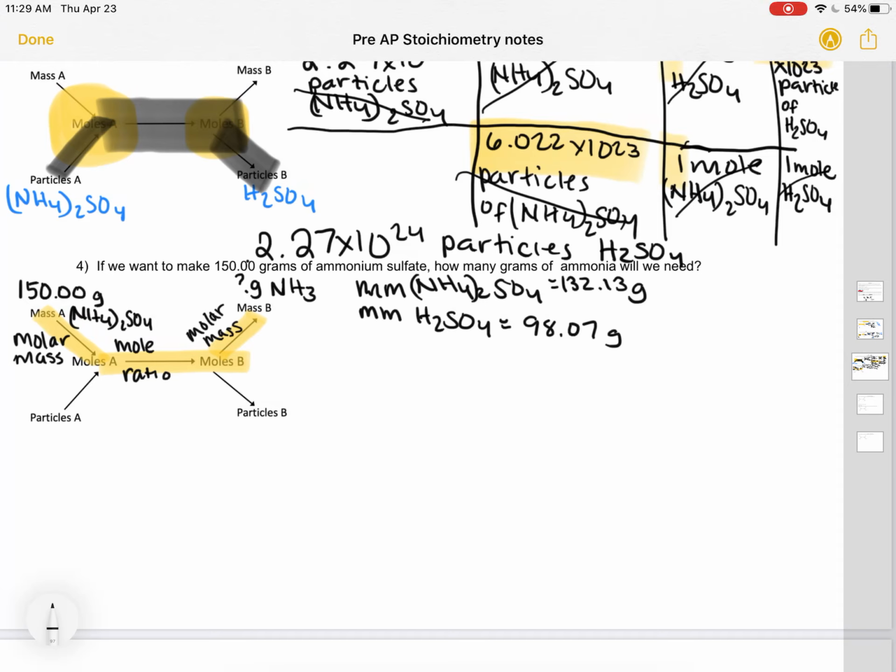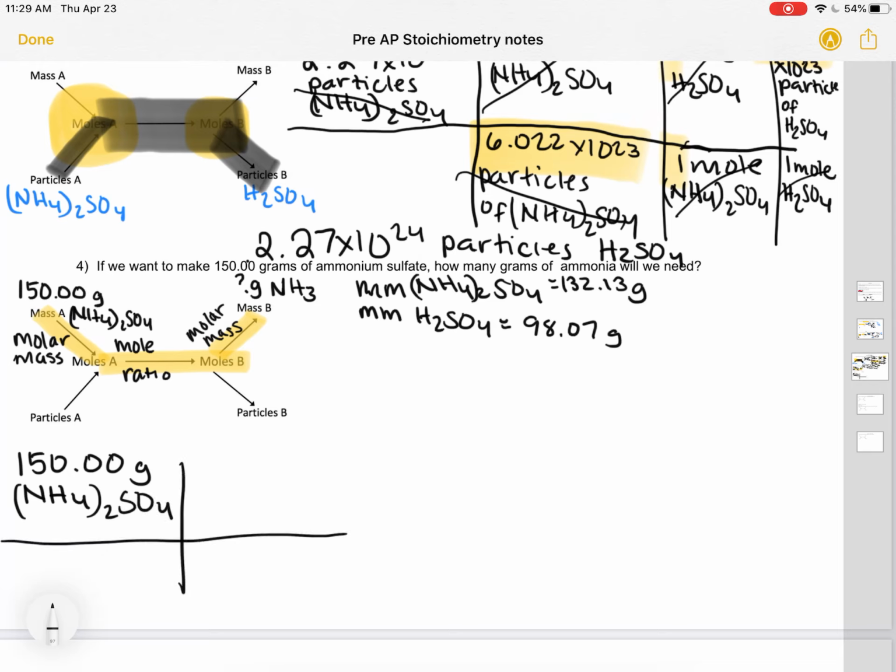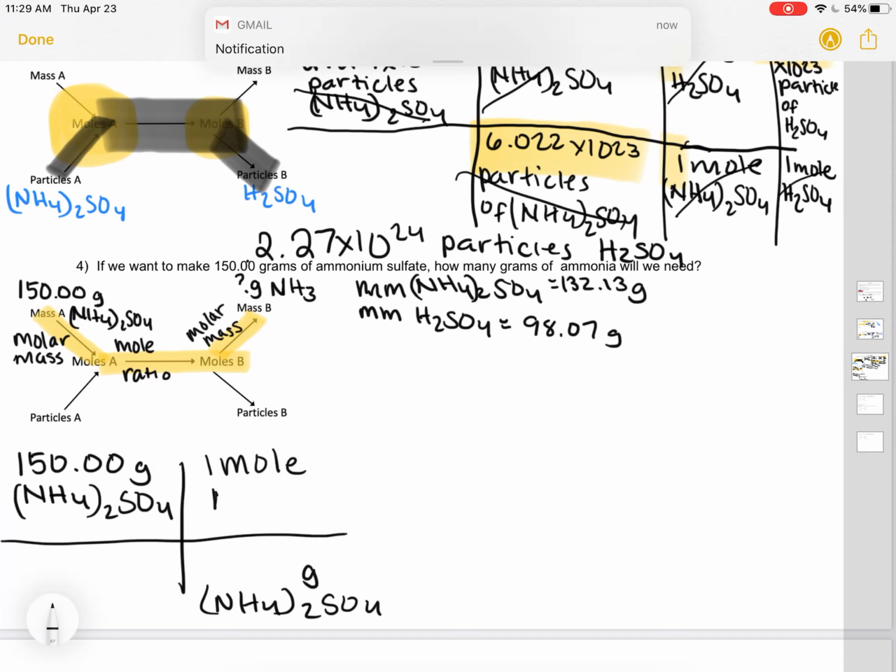Okay, so let's do this. We're going to start again where we're given what we're given. We start with 150.00 grams of ammonium sulfate. And now we need to go from grams to moles, and we already know how to do this. We have to get rid of grams, put grams of ammonium sulfate in the bottom, and get 1 mole of ammonium sulfate.